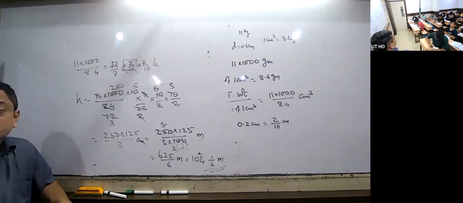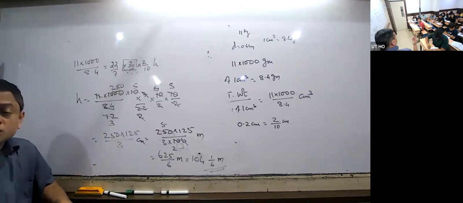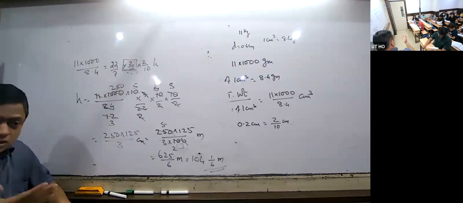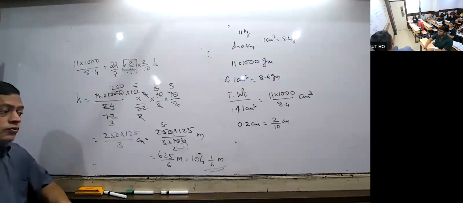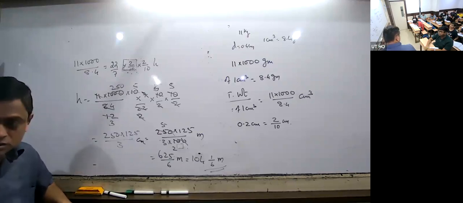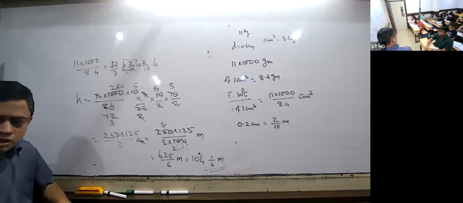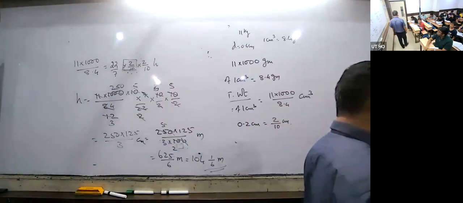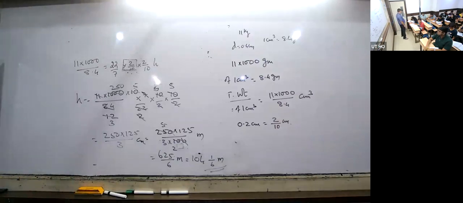Who asked you to make it into decimal? You can understand my language, over. What did I tell? Fraction. If those who got 660, divide by 100, 104.16. That much centimeter you got now.